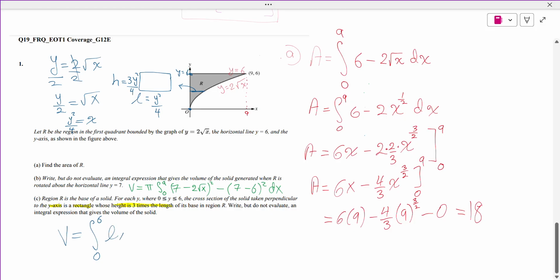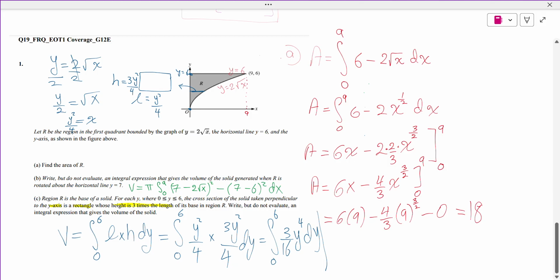It's length times height, dy. So the integral from 0 to 6 of y squared over 4 times 3 times y squared over 4 dy, which is equivalent to the integral from 0 to 6 of 3 over 16, y squared times y squared is y to the power of 4, dy. That would be the answer for part C.